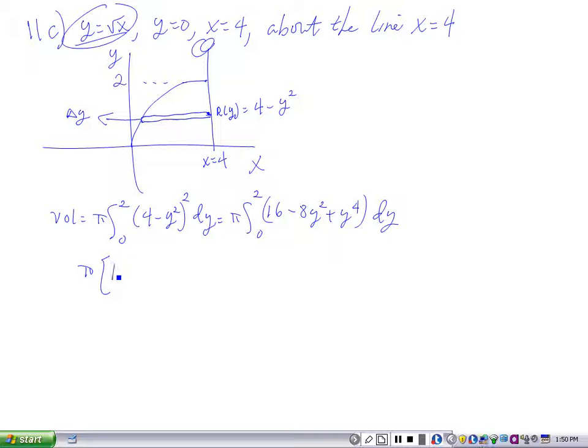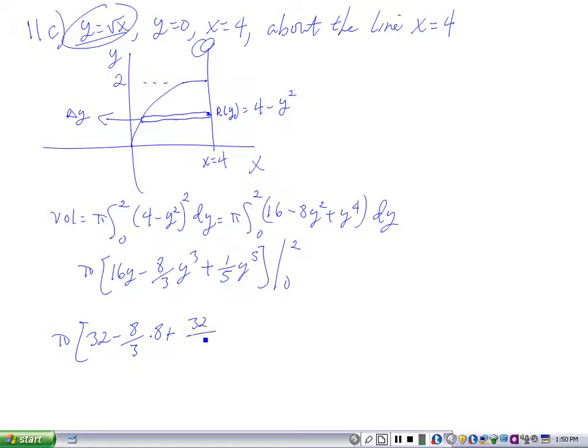Now we integrate, we get 16y minus 8/3 y to the 3rd, and then plus 1/5 y to the 5th. Evaluate that from 0 to 2, plug in all those numbers, so we get 32 minus 8/3 times 2 to the 3rd, that's 8, plus 2 to the 5th, 32 over 5. And then at 0, all those terms are 0.